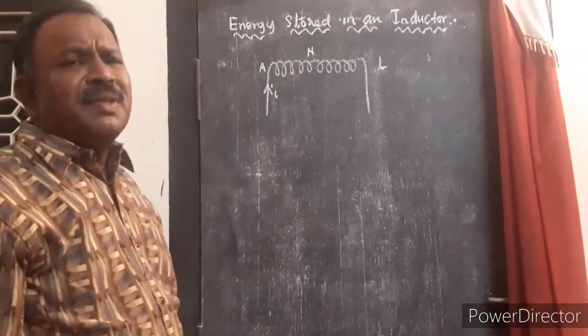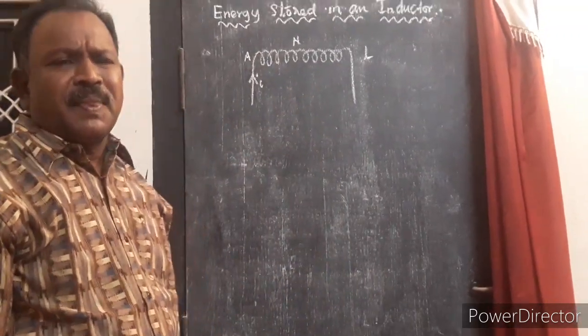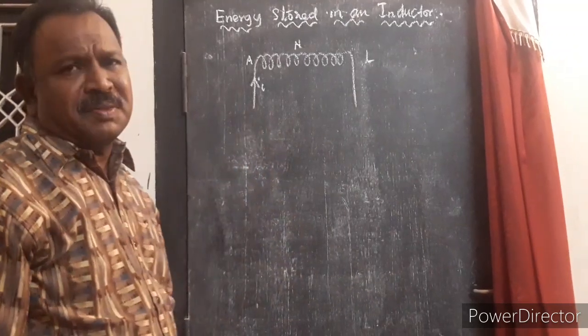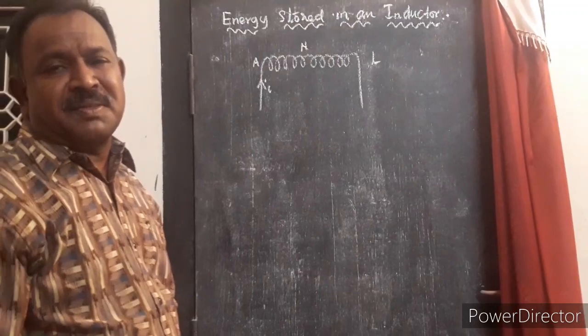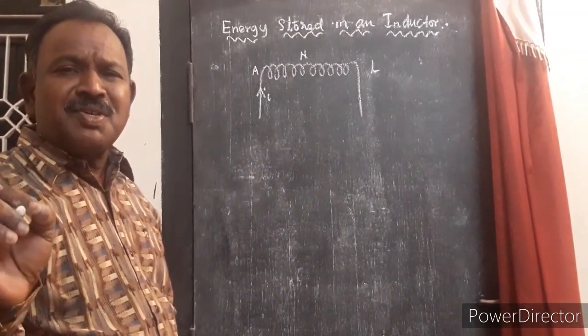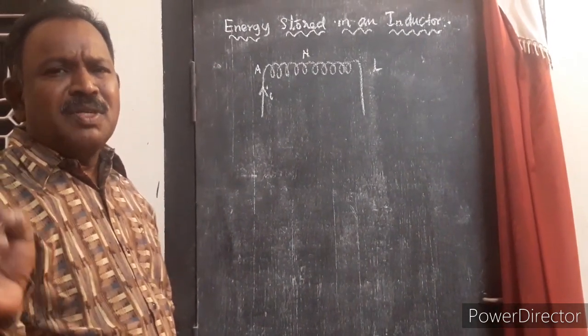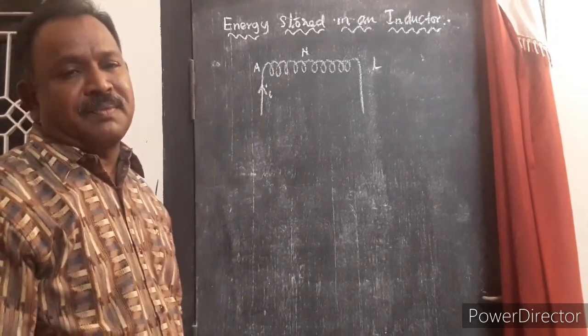Already we have seen that when a current is allowed to pass through a solenoid, a magnetic field is produced. When the current through the solenoid changes, the magnetic field changes. Because of the change in the magnetic field, there is a change in the magnetic flux. As per Faraday's law, due to this change in the magnetic flux, an opposing EMF is induced.